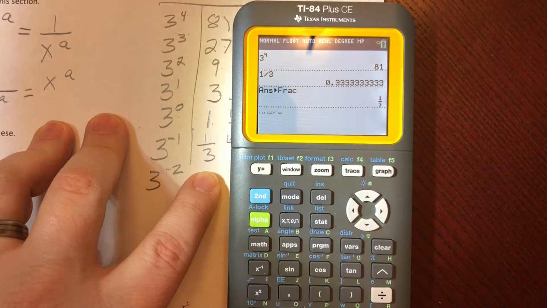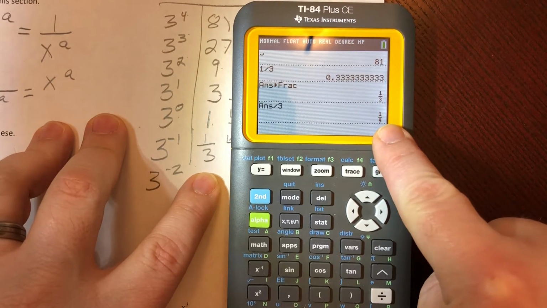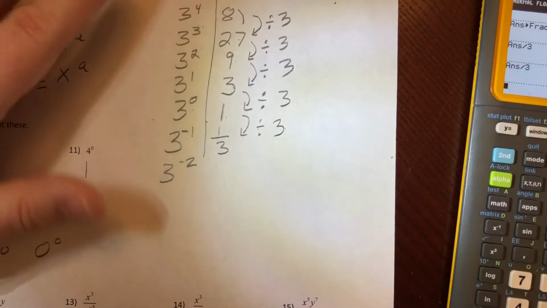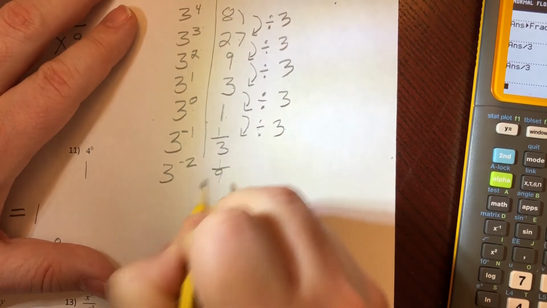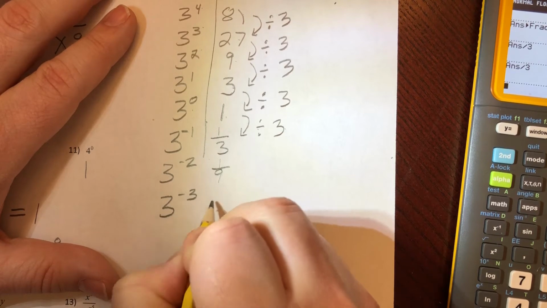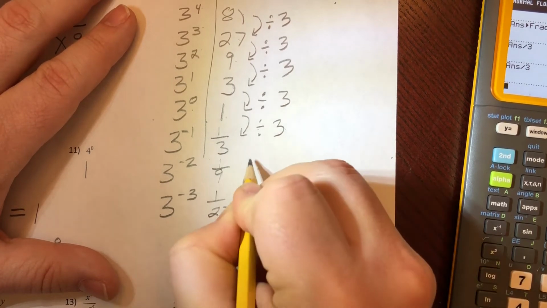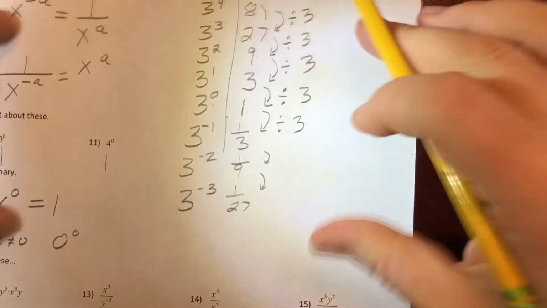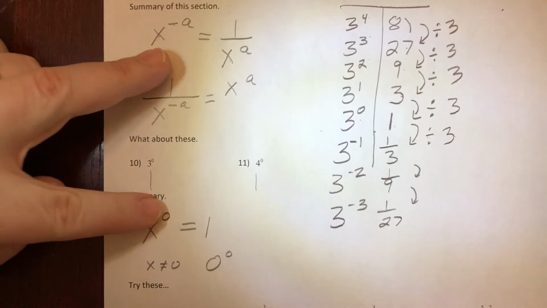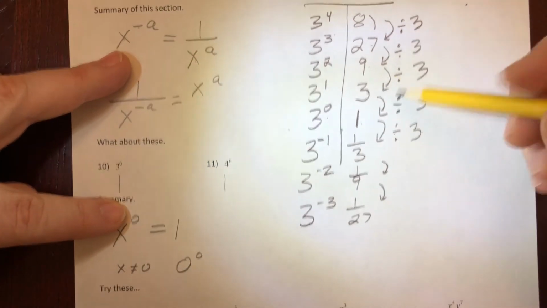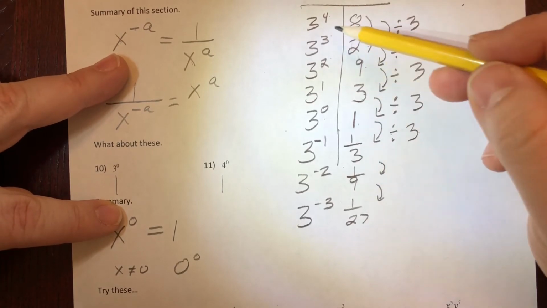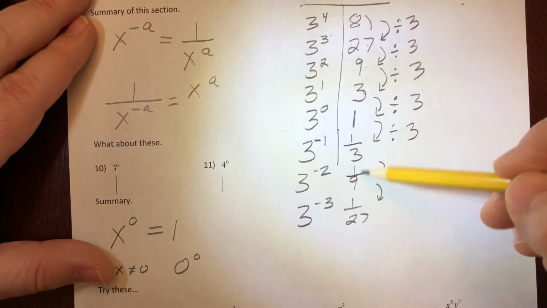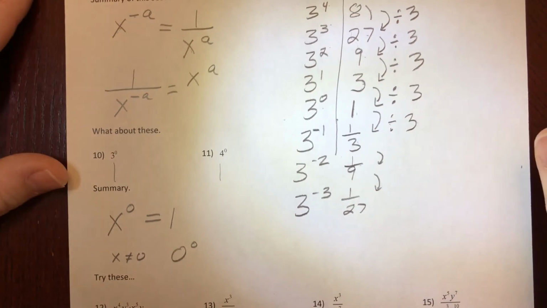If I divide that by 3, I get 1/9. If I divide that by 3, I get 1/27. So this would be 1/9. 3 to the negative 3 would be 1 over 27. Again, we just continue that pattern on. So these two properties are really related because all we have to do is extend the pattern out of the positives through 0 down into the negatives, and we end up with all these fractions.